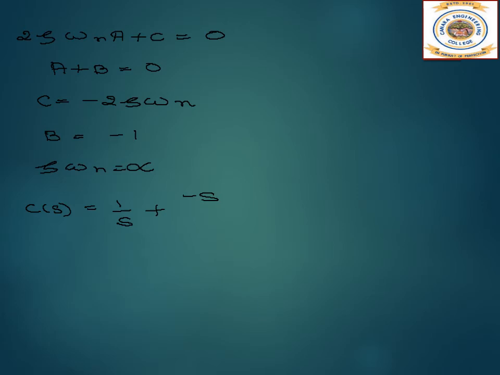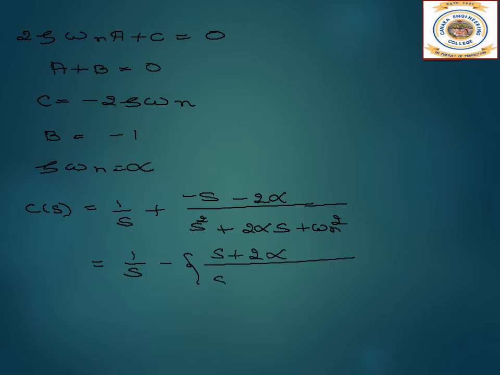So here it is minus 2 alpha whole divided by s square plus 2 alpha s plus omega n square. Now I can take 1 by s, and let me take the negative sign outside. So you get (s plus 2 alpha) whole divided by s square plus 2 alpha s plus omega n square.